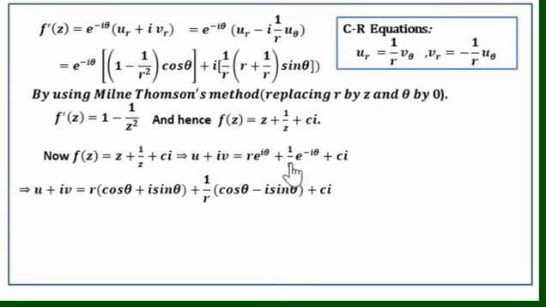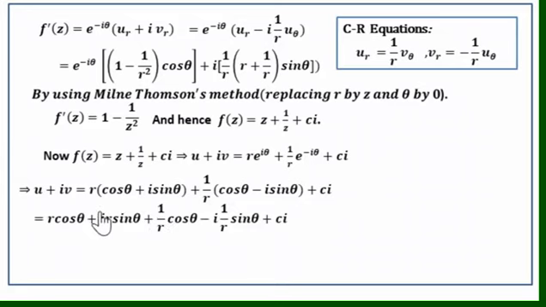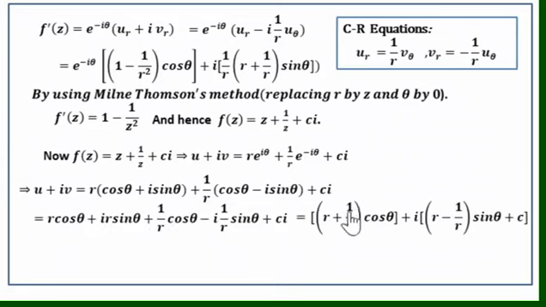So u plus iv equals this, and we can write the right side as a sum of real and imaginary parts. The real part is r cos theta plus 1 by r cos theta, or taking cos theta common, r plus 1 by r into cos theta.